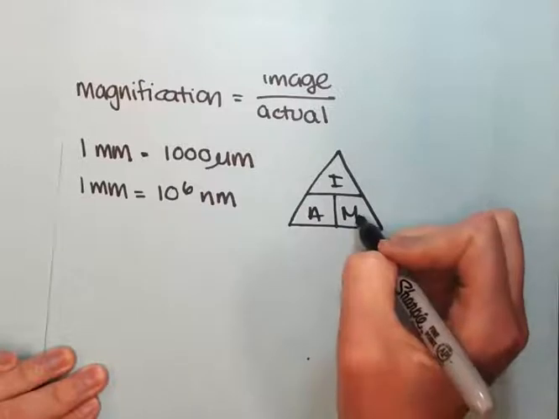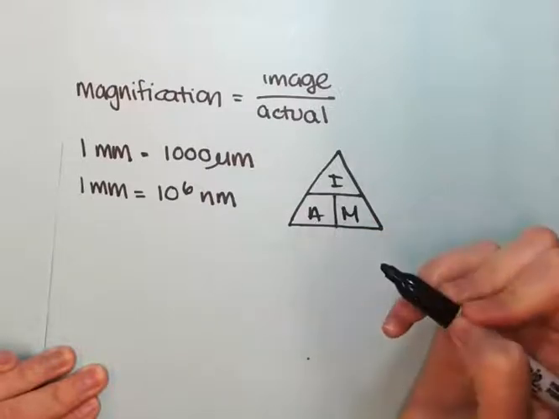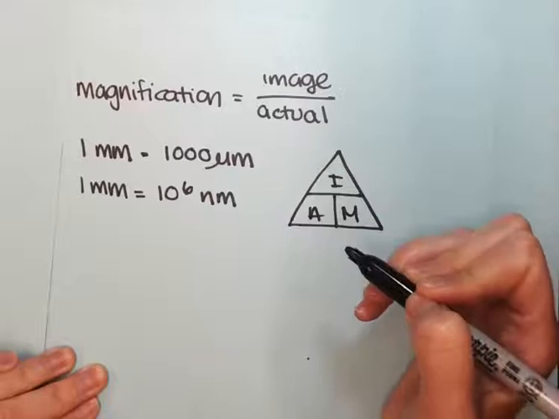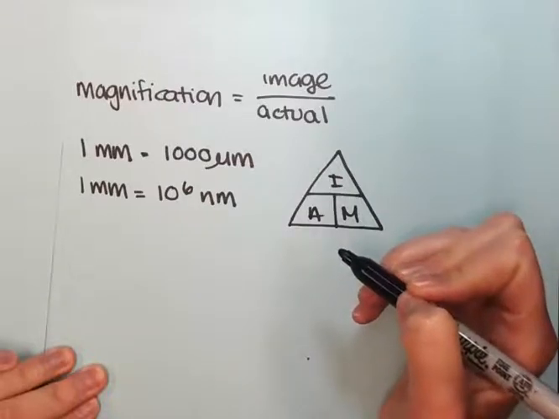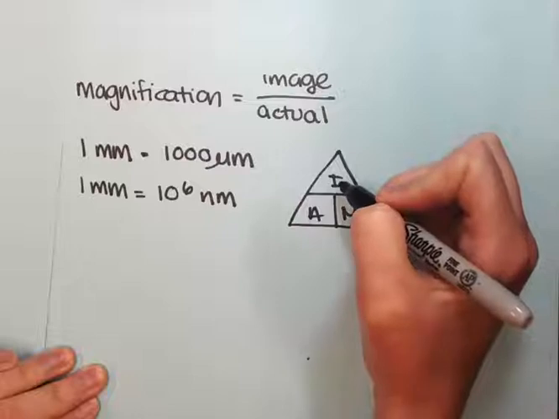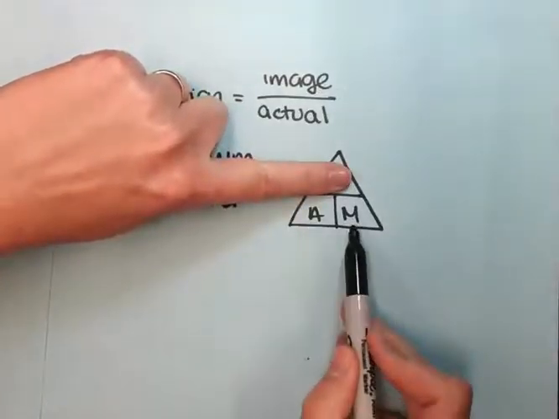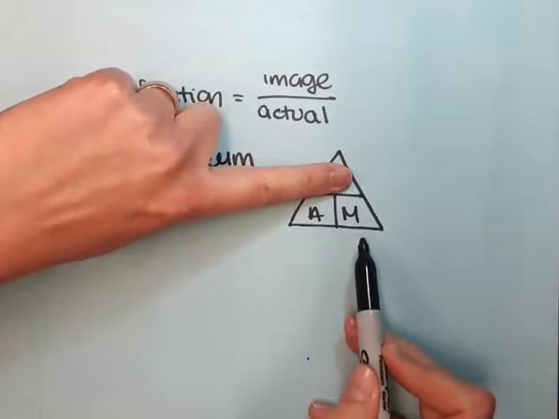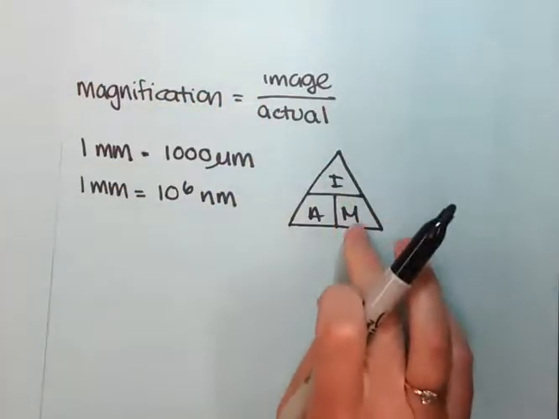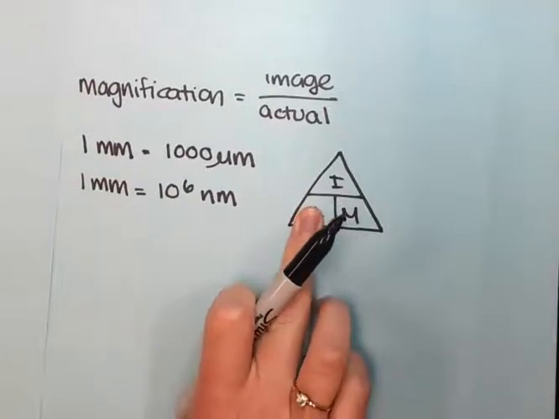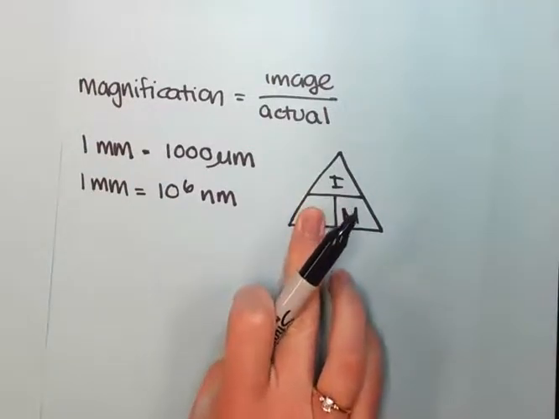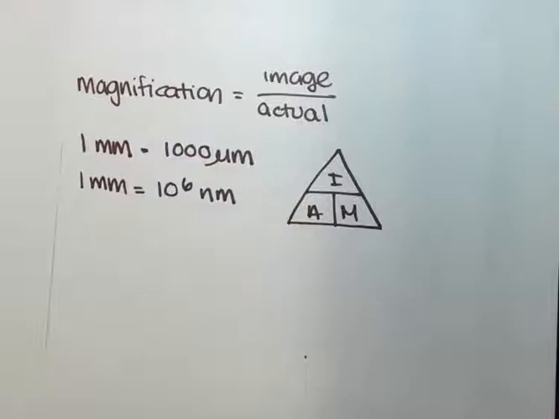So magnification is image over actual, but if I wanted to solve for image, I would just cover this and you can cover this and it's actual times magnification. If I knew magnification and I wanted to know the actual, it would just be image over magnification. So it's just like a little trick that you can use to rearrange that equation, and it sometimes will help you remember the formula.